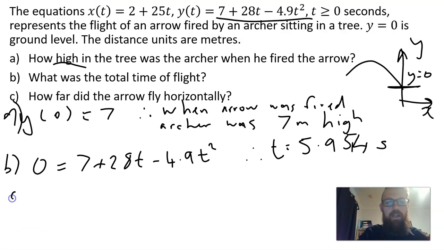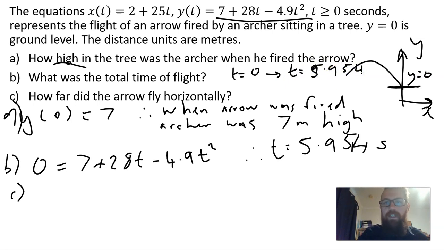We're interested in how far the arrow flew horizontally. So that's going to go from t equals 0, which was the start, to t equals 5.954.